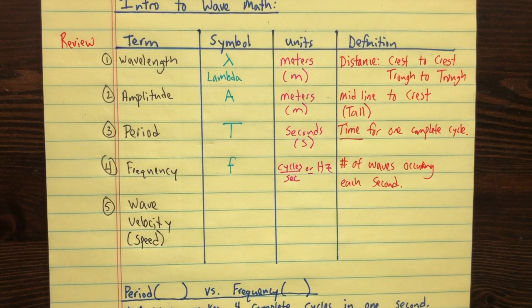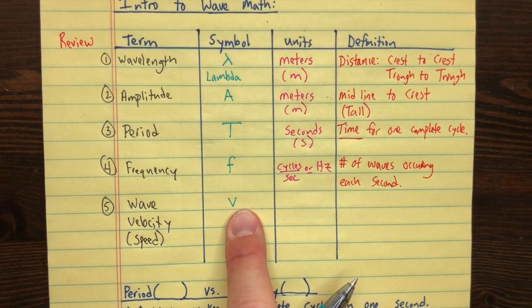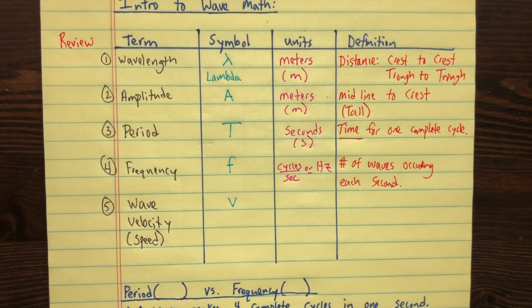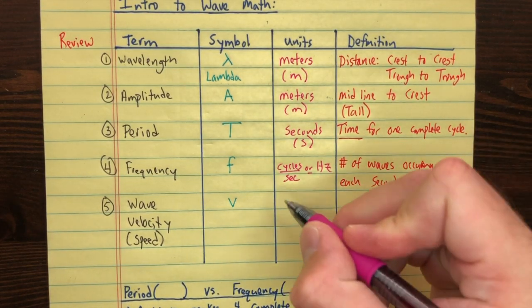All right, so for wave velocity, we're going to use a lowercase v. So it's lowercase v for velocity in physics. If you use an uppercase V, that stands for voltage. So it's like little subtle things like that. And then in your car, when you talk about velocity, you're talking about like miles per hour. In physics, we don't use miles per hour. We kind of do sometimes.